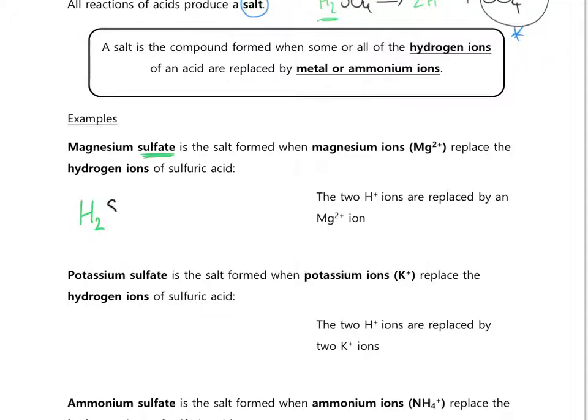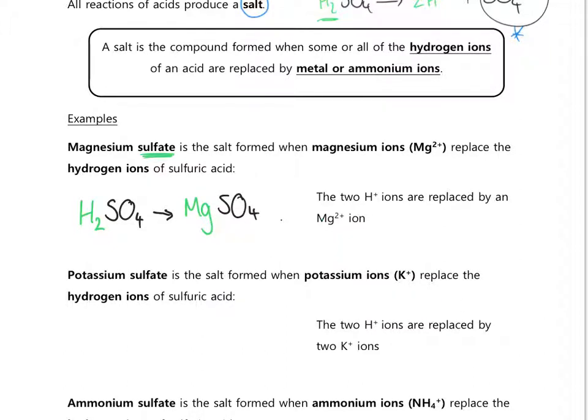Sulfuric acid, and you need to be familiar with this formula, is H2SO4. Magnesium sulfate forms when my magnesium ions replace the hydrogen ions. So those 2 hydrogen ions are replaced by magnesium ions, MgSO4.